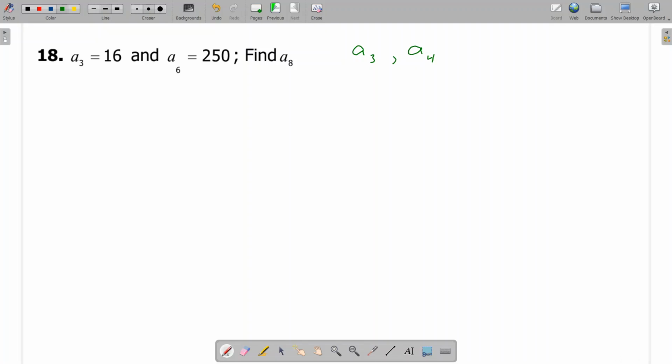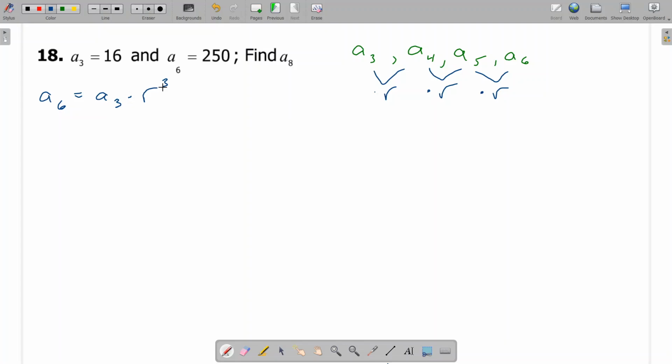I'm just going to write it out like this to make it easier to decide. We would need to multiply by r once, twice, 3 times. So now I can say that the sixth term would be equal to the third term times r cubed.